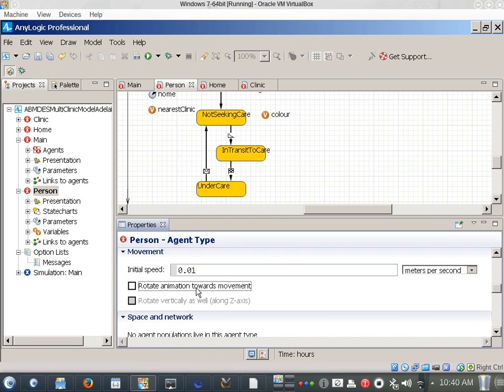Remove the rotate animation towards movement.